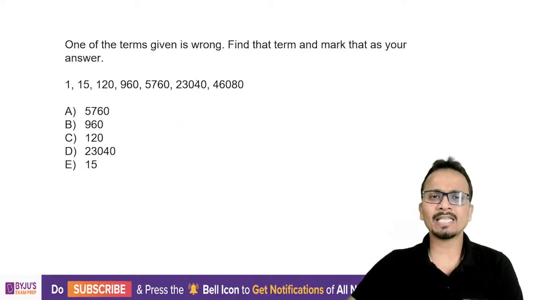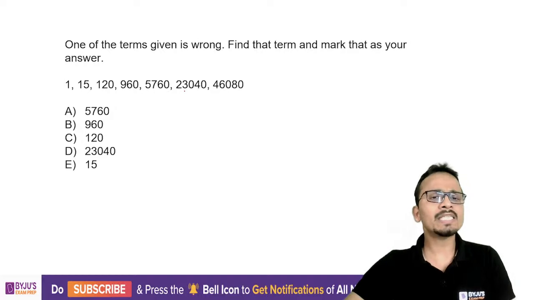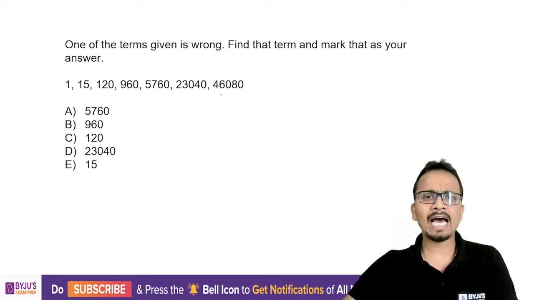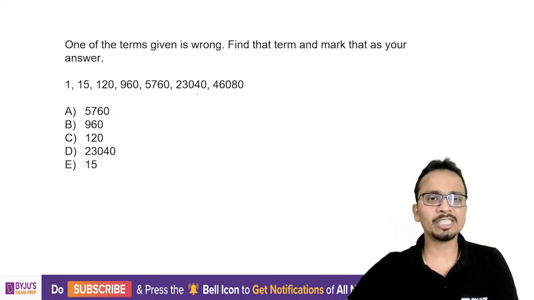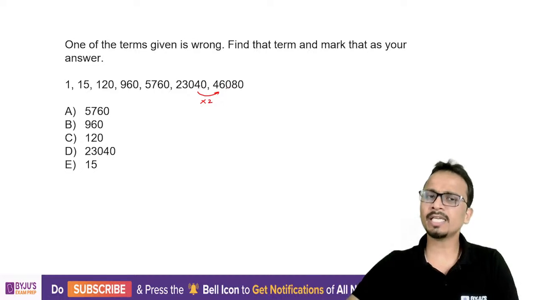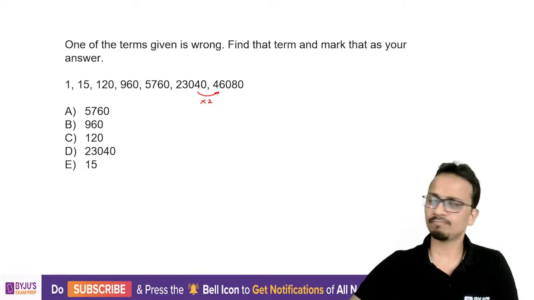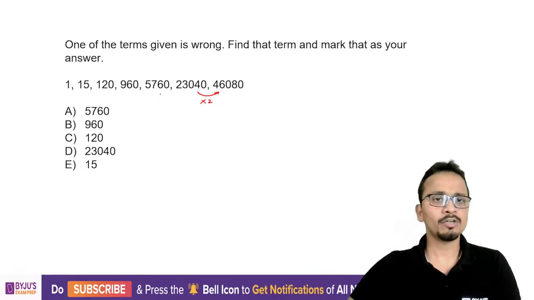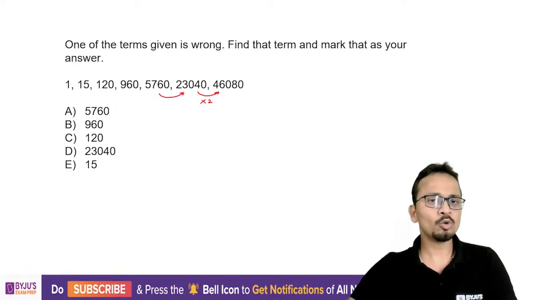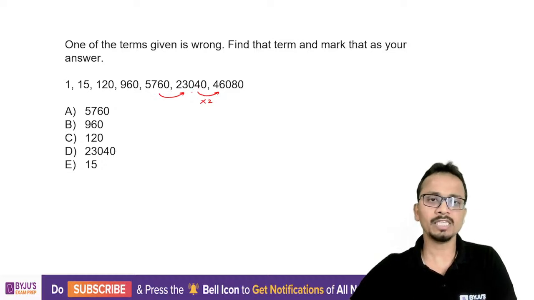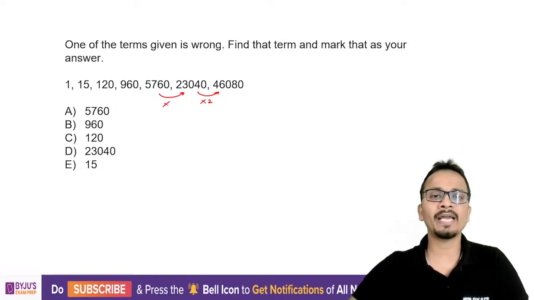Now, if I look at the last two terms, 23,040 and 46,080, the relation between them is 23,040 is multiplied by 2, resulting in 46,080. All right. Now, next, from 5,760, if I go to 23,040, then I will have to multiply it by 4.